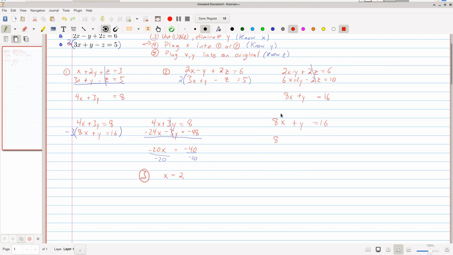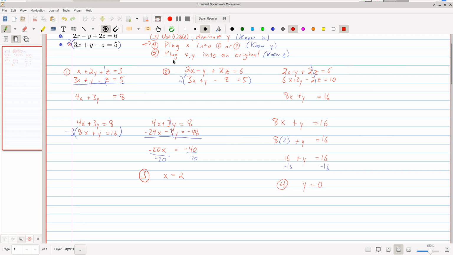So this is 8 times 2, plus y equals 16. If we simplify, we've got 16 + y = 16. Then we subtract 16 from both sides of the equation. They cancel and we get y = 0. So that is step 4. We have an x value, we have a y value.